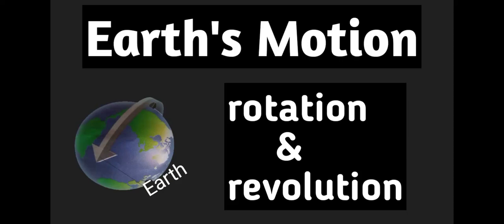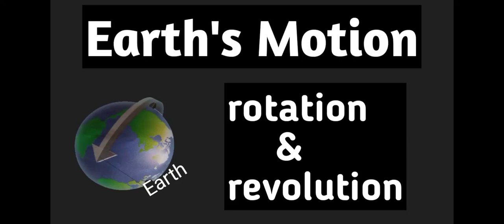Today in this video, I will tell you about Earth's motion, rotation and revolution. The shape of the Earth is like a sphere, flattened at the top and the bottom.